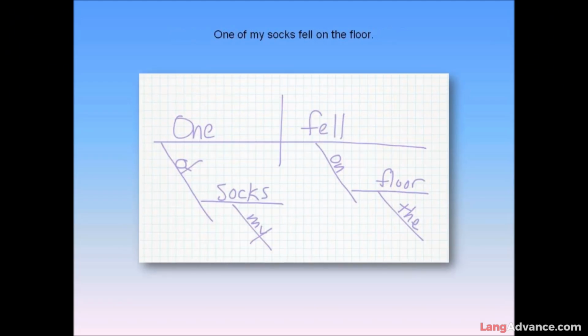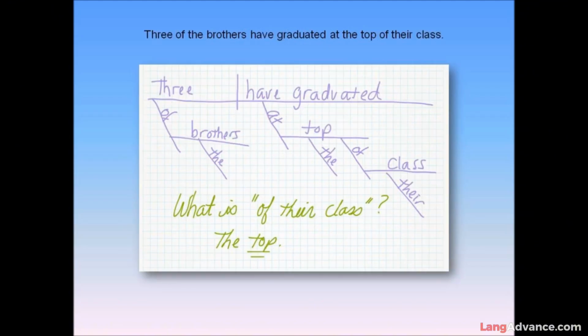One of my socks fell on the floor. One is the subject, fell is the verb. Of my socks describes which one or what one. Fell on the floor. On the floor is the prepositional phrase that describes where it fell. Three of the brothers have graduated at the top of their class. Three is the subject, have graduated is the verb.